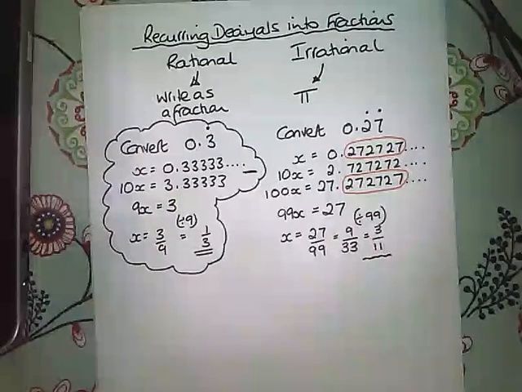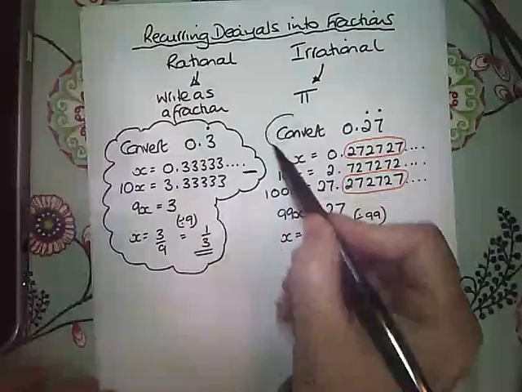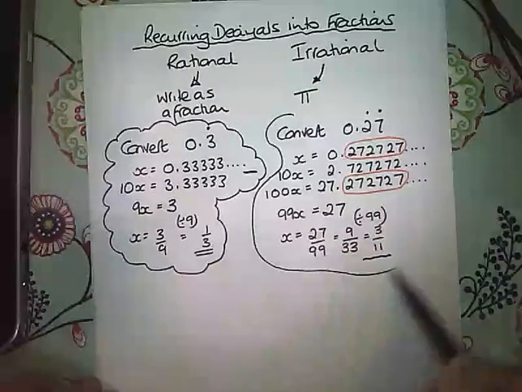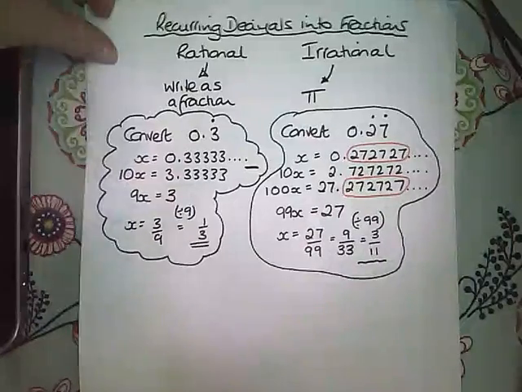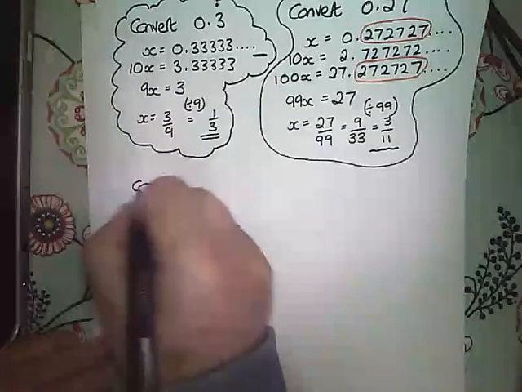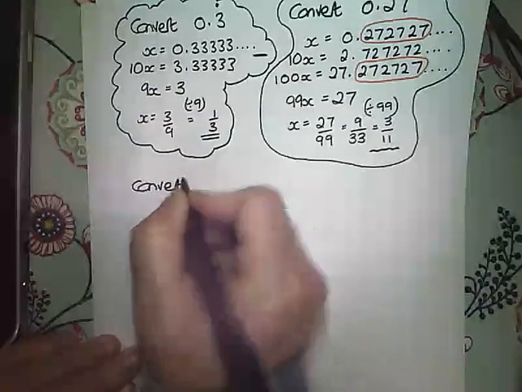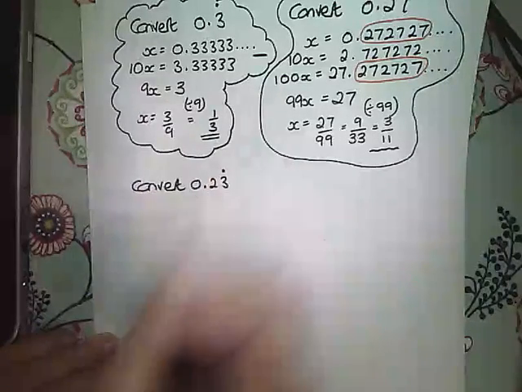Okay, right, if we go on to a recurring decimal which has perhaps just one part of it recurring, so a number first of all, so let's just keep this all up here. I've got 4 of these to show you, so we'll go on to the third one now. And this time I'm going to convert 0.23, and this time it's just the 3 that recurs.